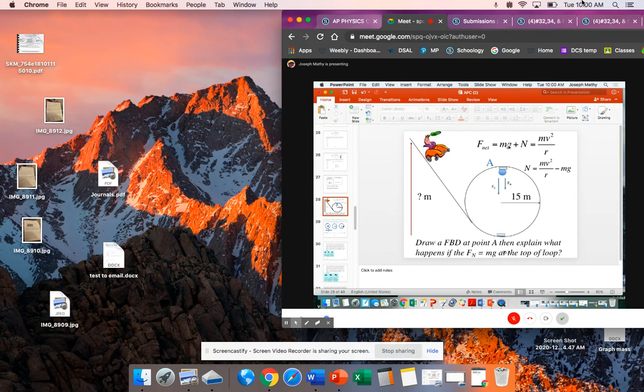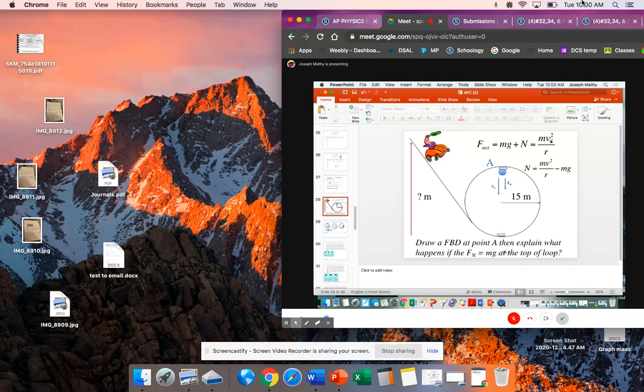So I move it over to this side, and now it's a negative. All right? So if I want to know what the normal force feels like, I need to account for mv squared over r minus what gravity is capable of doing.